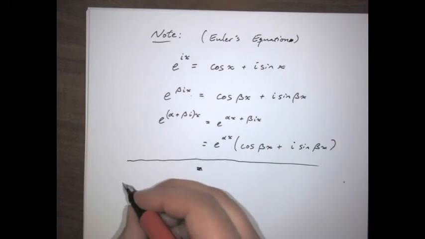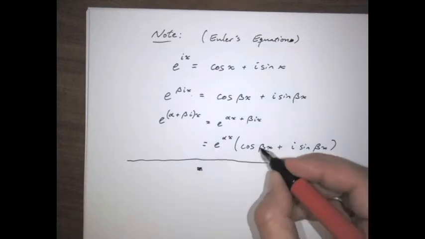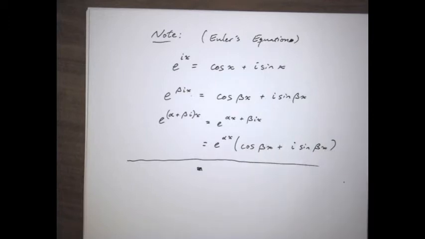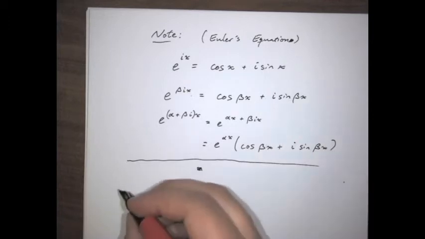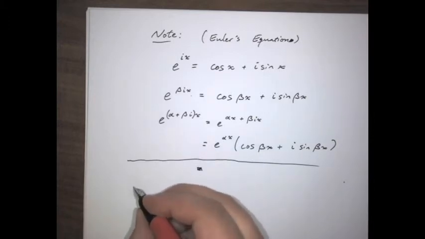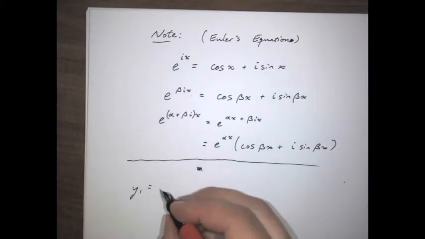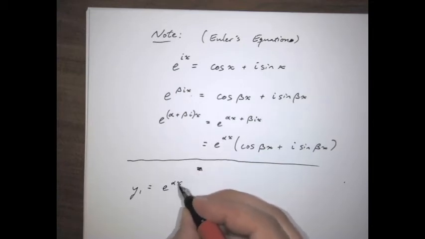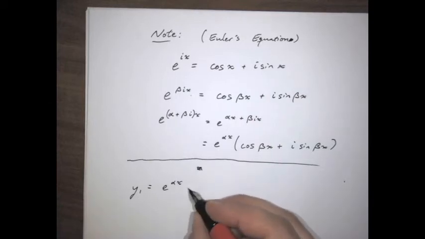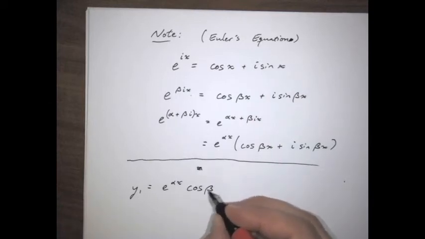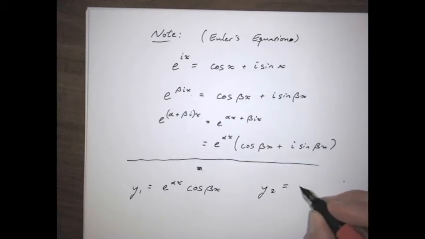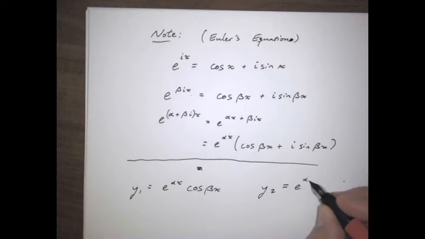And so the way we can represent the solutions here will be to just basically take on each of these two pieces individually and take them as the two pieces of the solution. So then we can say that y1 is equal to e to the alpha x cosine beta x. We can say that y2 is equal to e to the alpha x sine beta x.